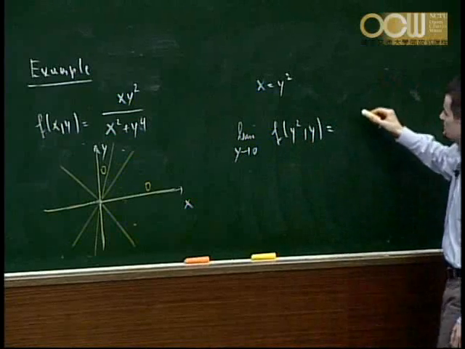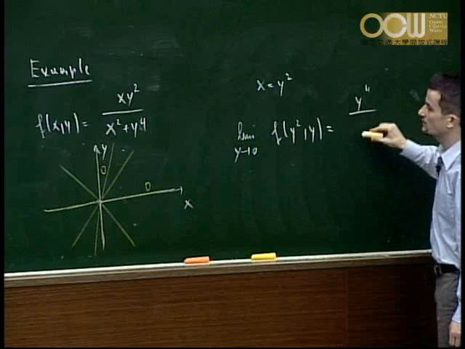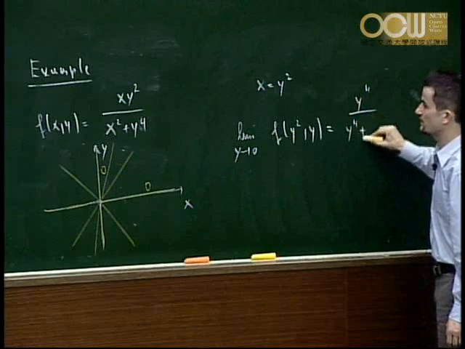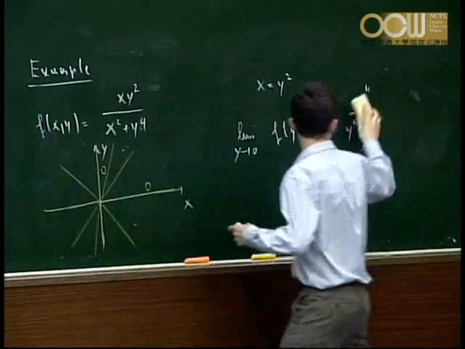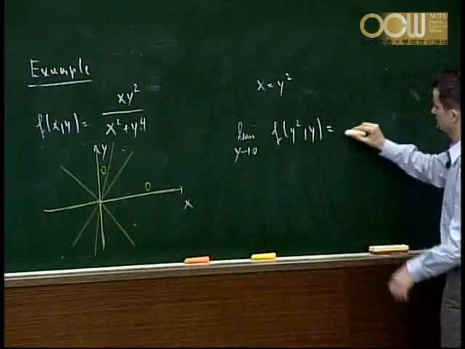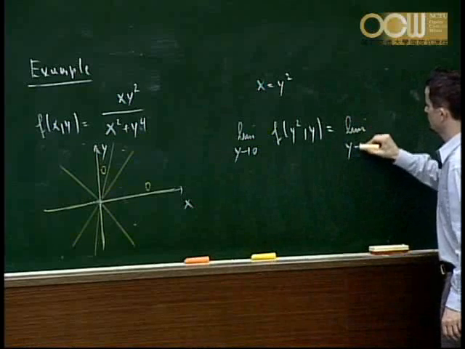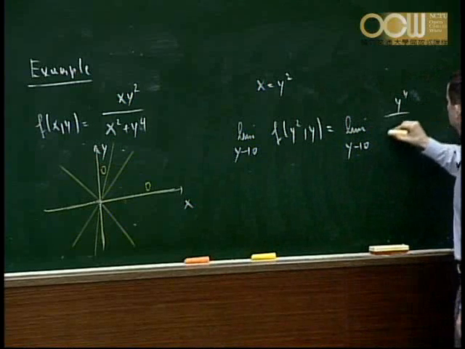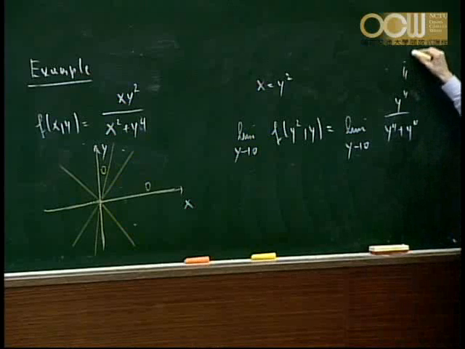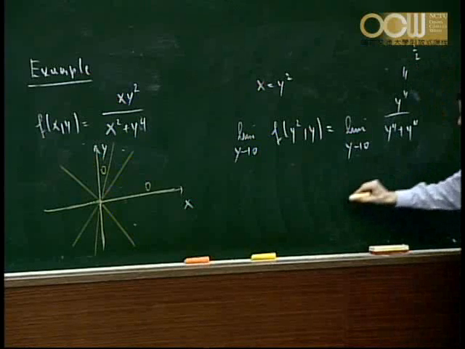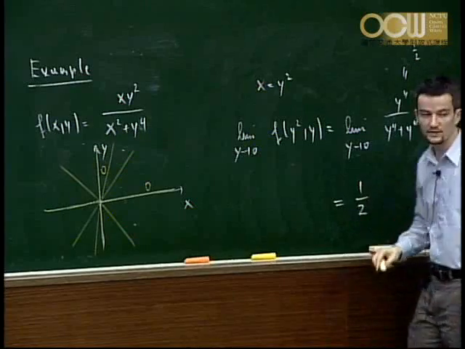Then what you get is y to the 4th over y to the 4th plus y to the 4th, in the limit. So the limit as y tends to 0 of y to the 4th over y to the 4th plus y to the 4th is equal to 1/2. Okay, so what you get is 1/2.